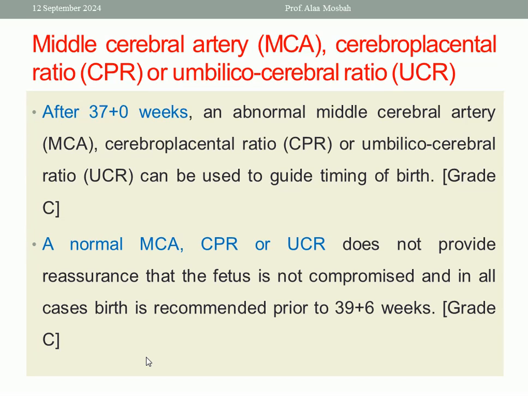So it should be after 37 weeks. A normal middle cerebral artery or cerebroplacental ratio, umbilical cerebral ratio doesn't provide reassurance that the fetus is not compromised, and in all cases birth is recommended prior to 39 weeks plus 6 days.